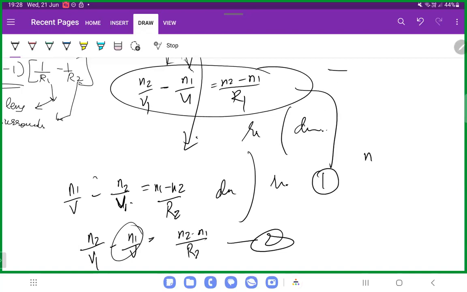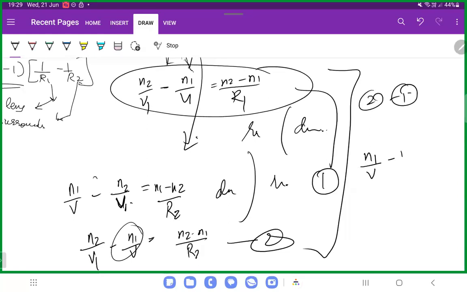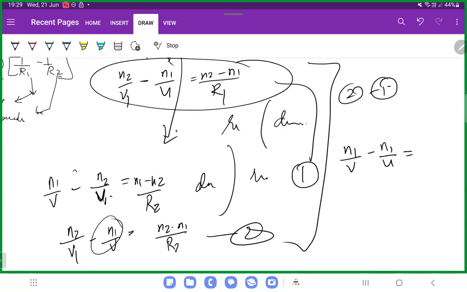So it will become N1 by V. Come on, help me with this one, subtraction. We're subtracting 2 minus 1. N1 by V, then U. Is it right?